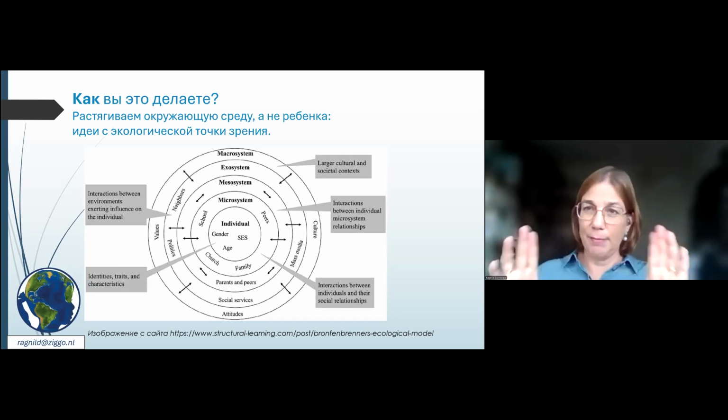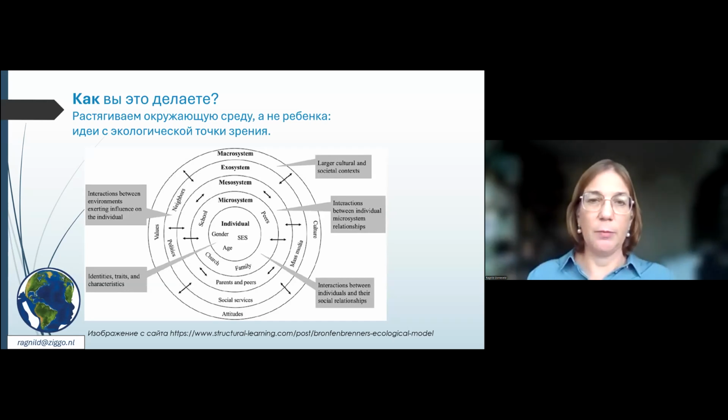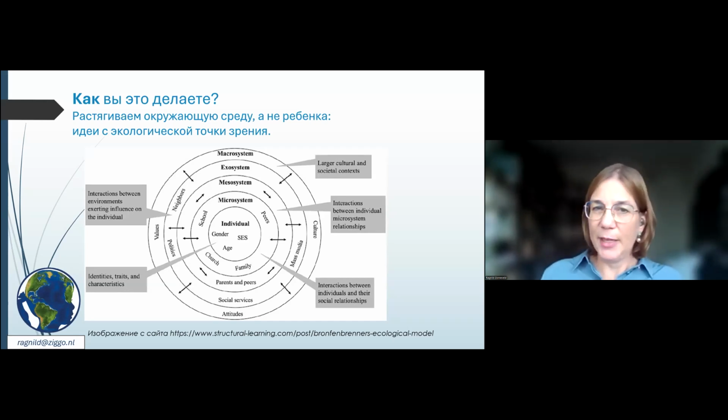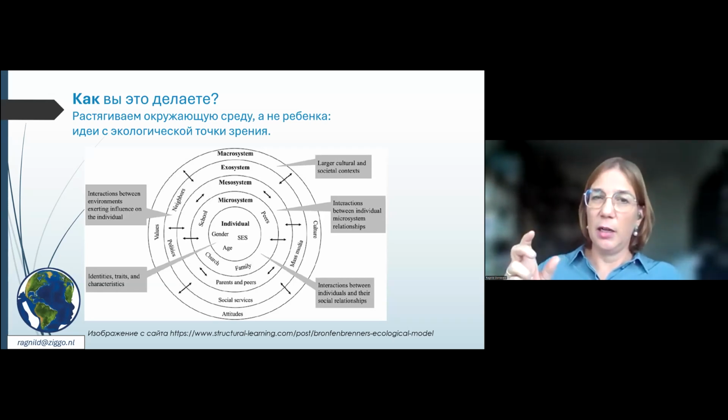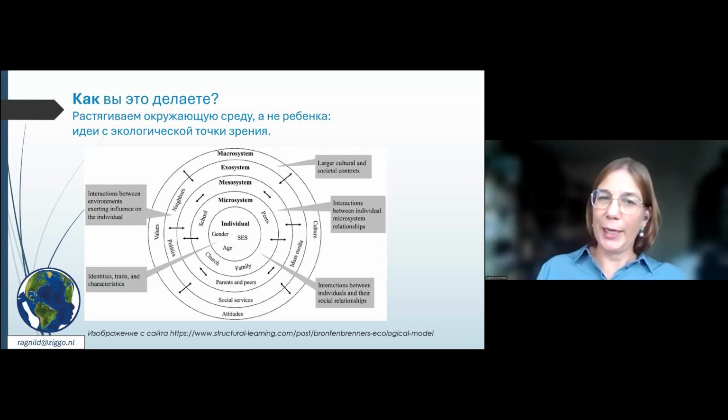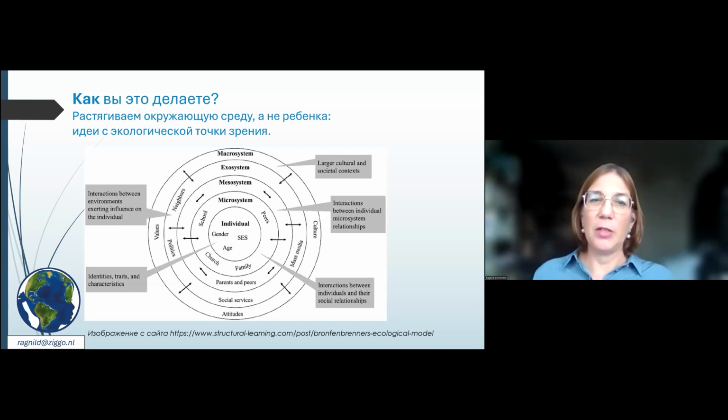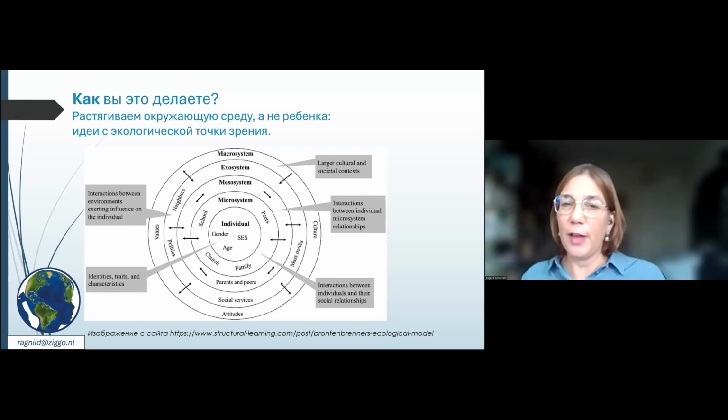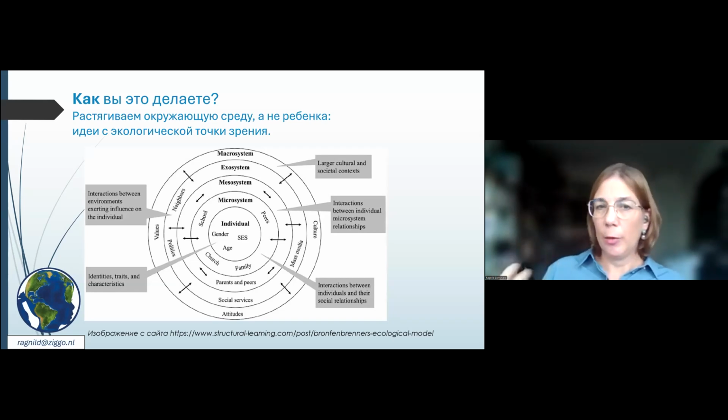Then he talks about the mesosystem, that's the second system around the individual. And this mesosystem is about the interactions between the factors in the microsystem. So that's about the interactions that school and family have together, or peers and school have together.